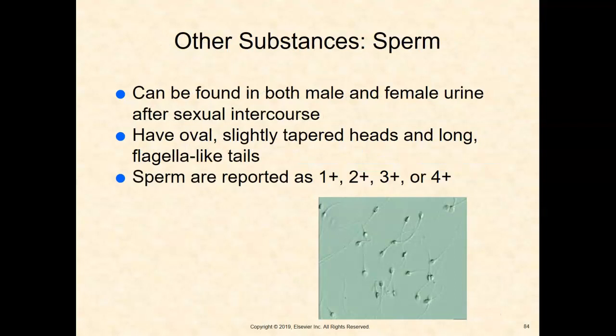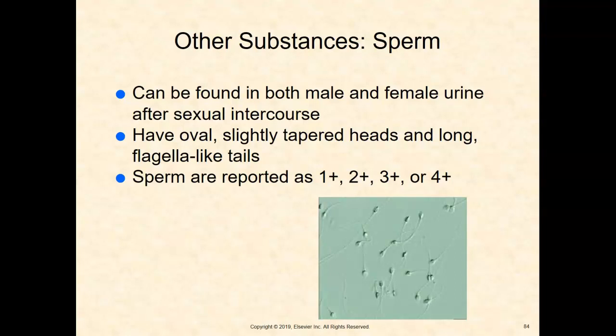All right, sperm. We do see sperm. So this can be found in both the male and female urine after sexual intercourse. In older men, these can be pretty diagnostic. In most cases, a young 20-year-old male or even younger, we don't really care too much.